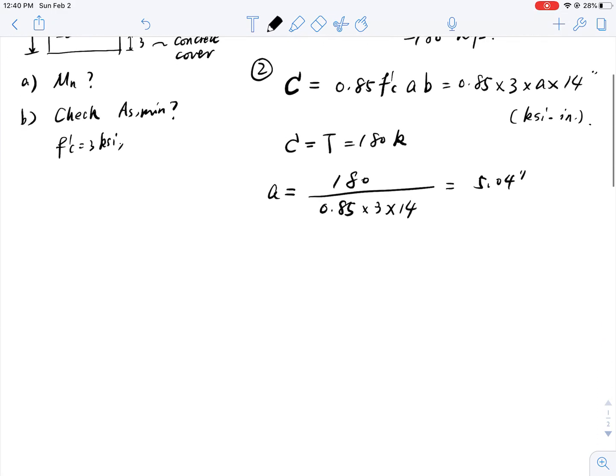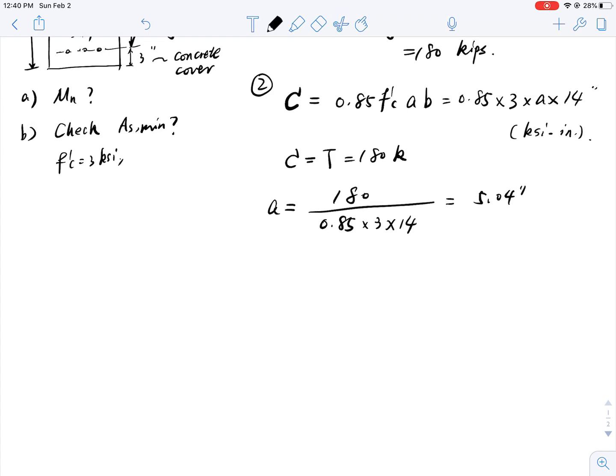When a is obtained, we can go back and confirm that the steel has yielded. How do we do that? We simply calculate the yield strain in the steel, epsilon y, equal to the yield strength of the steel divided by the modulus of the steel.